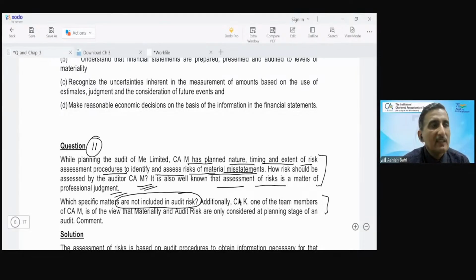Yes, students, please send your responses quickly. Yes, Tejaswin has answered. What about others? Any other response apart from Tejaswin? So students, you have to keep in mind, you have to remember these points for writing in the exam.